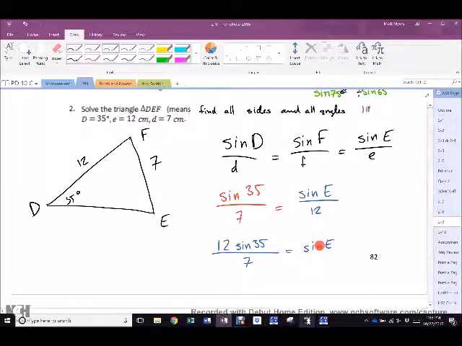If I know the sine, how would I get the angle? Shift sine. You're looking for everything. In this case, it was easy to find the angle. What then is E? You all have calculators. What's E?